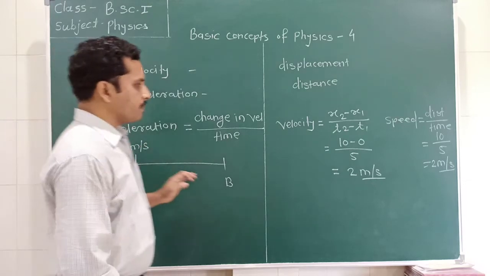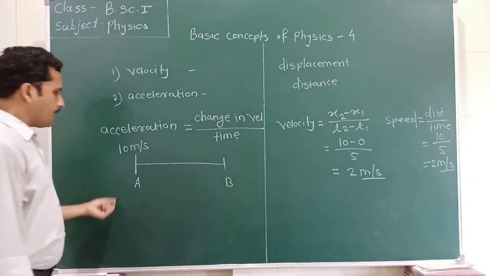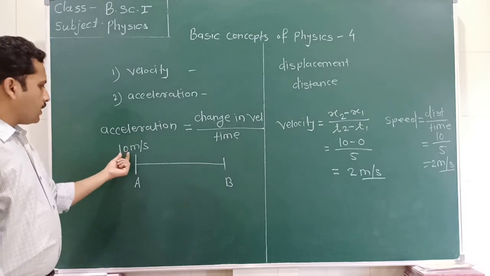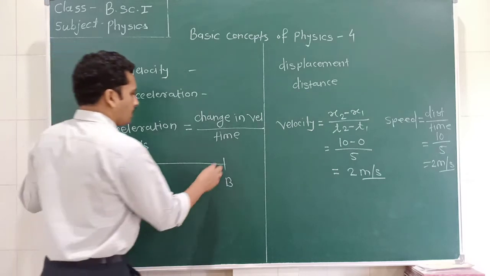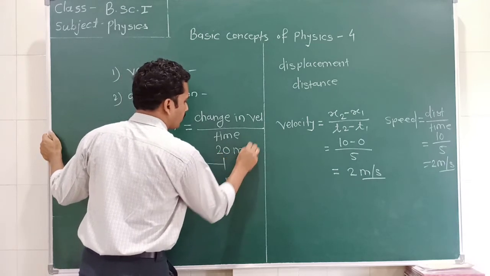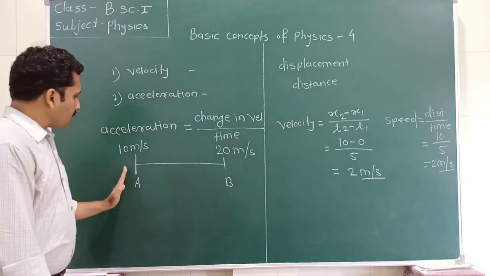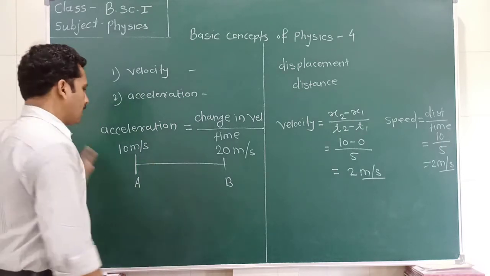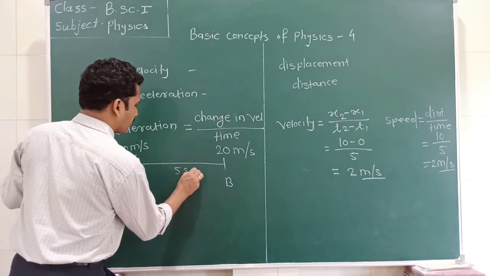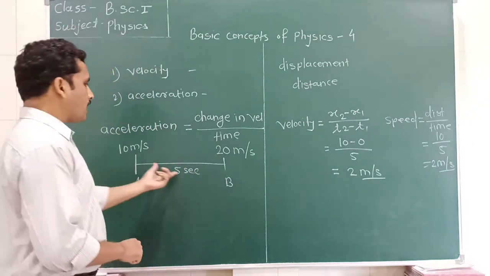We know that the unit of velocity is meter per second. Therefore, we consider that at point A, at any instant, the velocity is equal to 10 meter per second, and at point B it is equal to 20 meter per second. When it is traveling from point A to point B, the time taken by this object is equal to 5 seconds. So what is the acceleration?